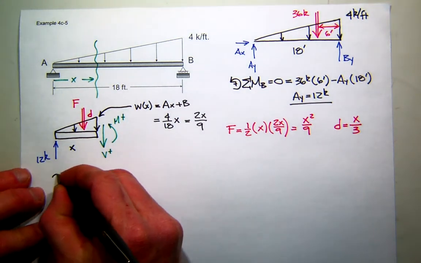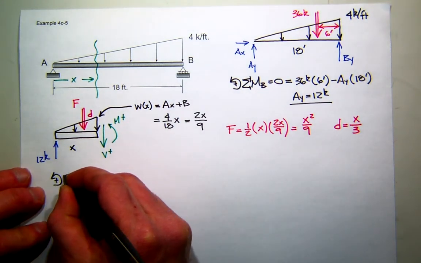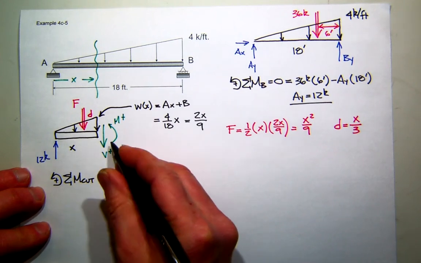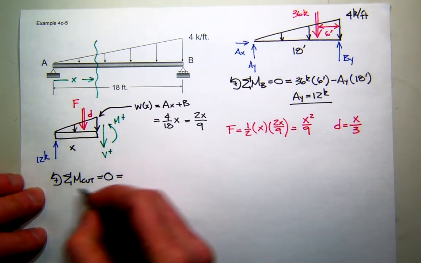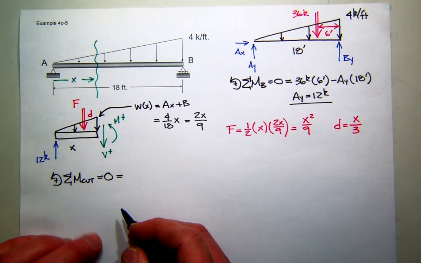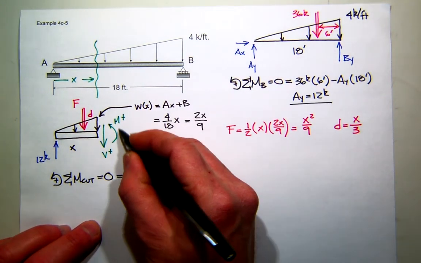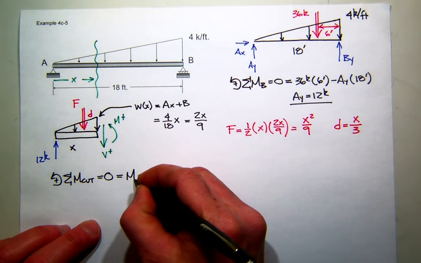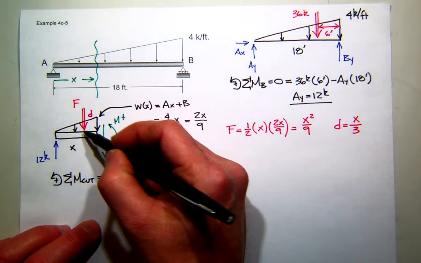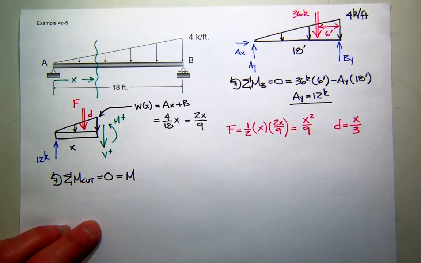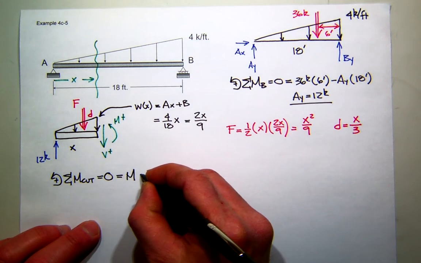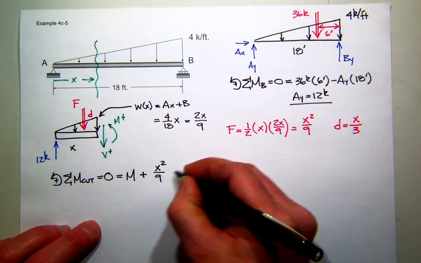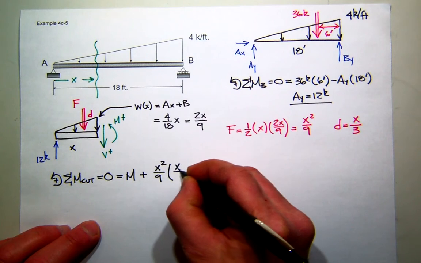So the rest now is just apply statics and actually determine the functions. So if I were to sum the moments at the cut surface that I just created here on the left side, make sure they're in equilibrium, right-hand rule for my sign convention, let's see what we get. So this internal moment is positive or negative in my calculations? Positive. This force is going to create positive or negative moment about the cut? Positive. So the force is x squared over 9, and the moment arm is x over 3.